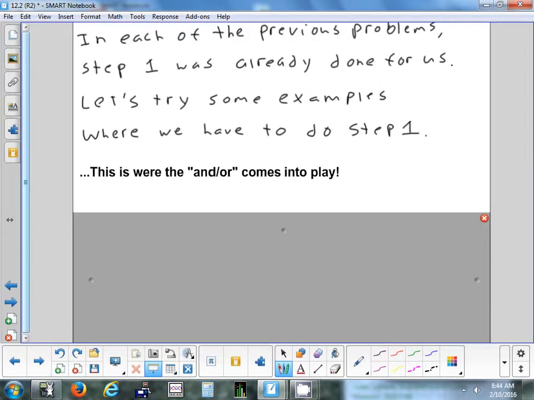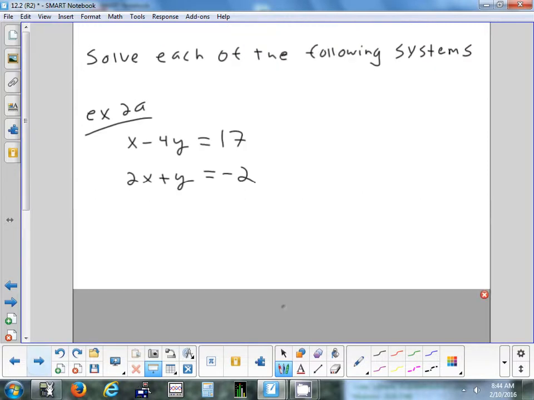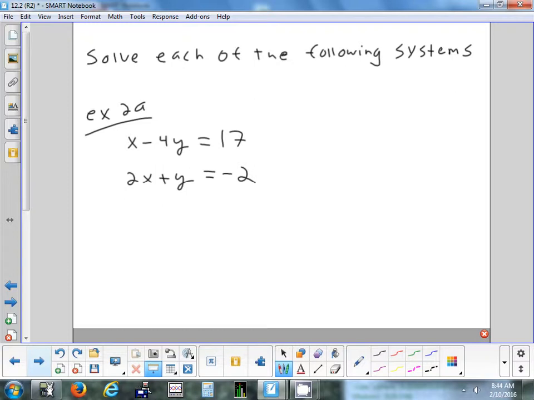Okay, so as I just said, each of the previous problems, step 1 was already done for you. Now we're going to look at an example where you have to do step 1. Now you might have a variable that's already by itself on one side of the equal sign.